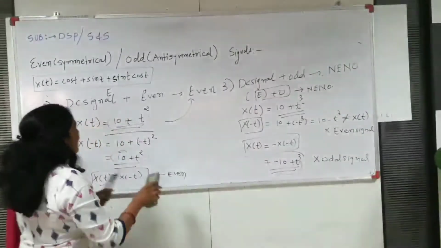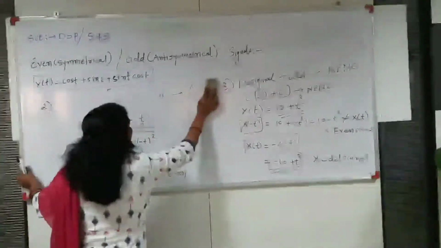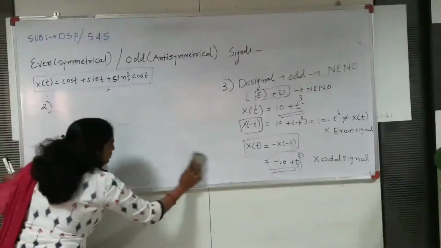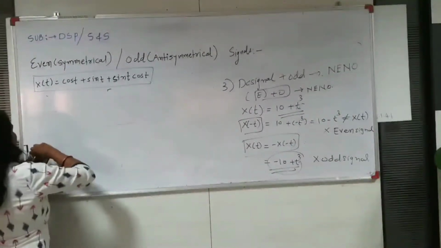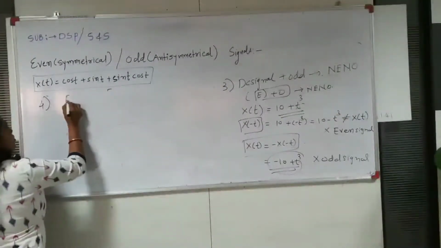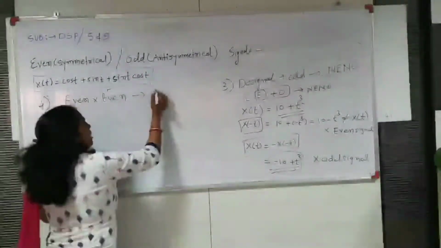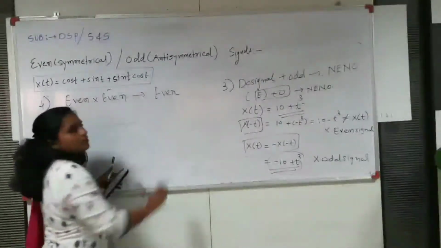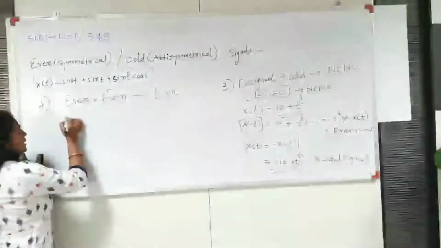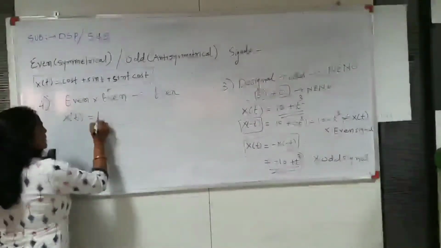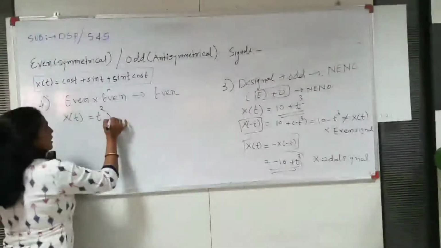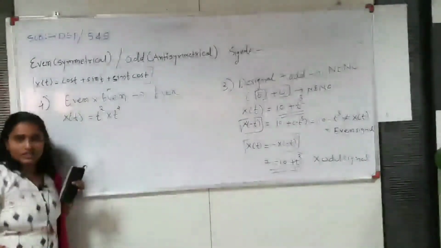Now let's take the fourth property. The product of two even signals is always an even signal. Let's take one more example. t square is an even signal and t raised to 4 is also an even signal.